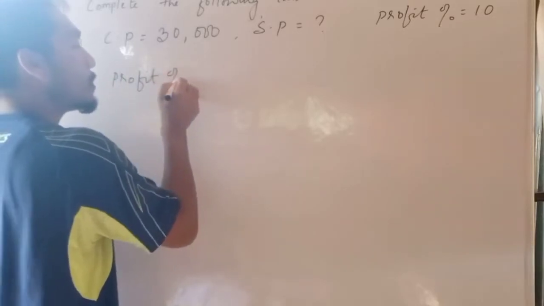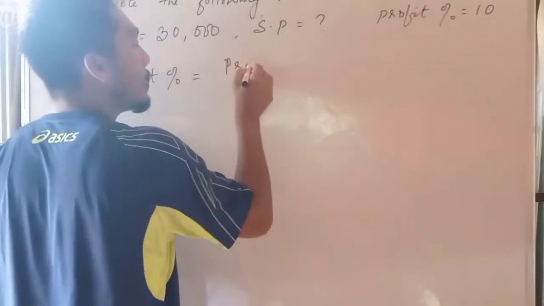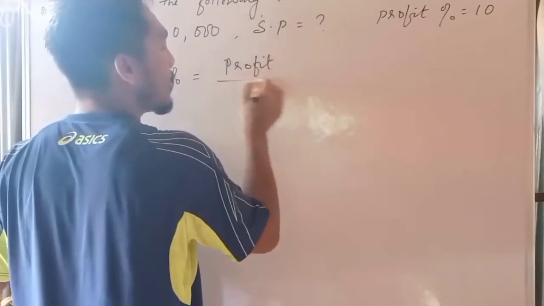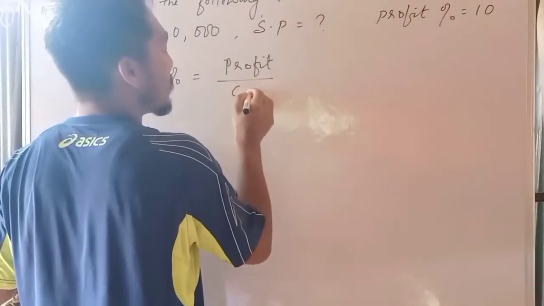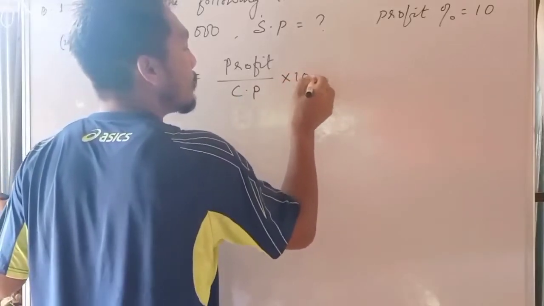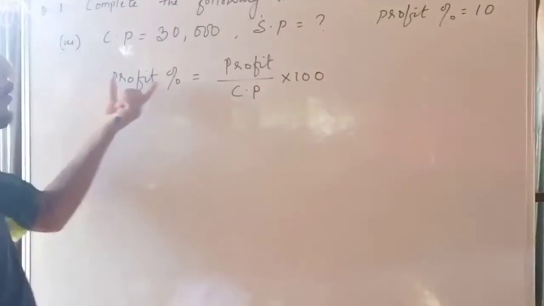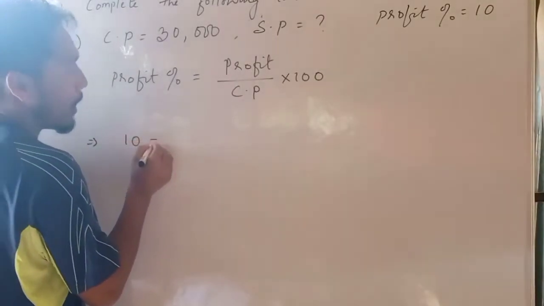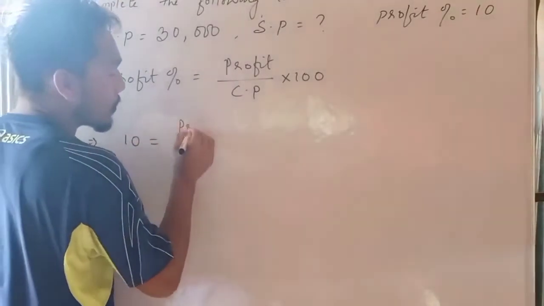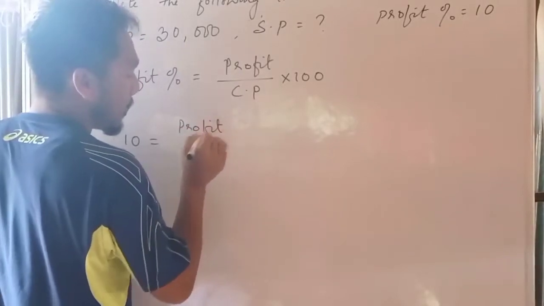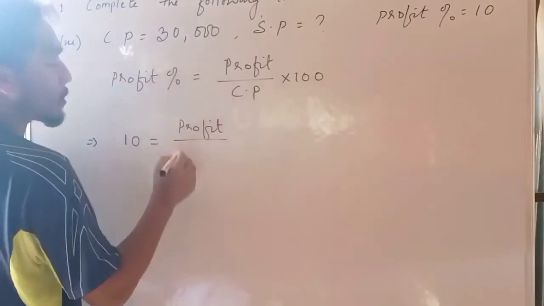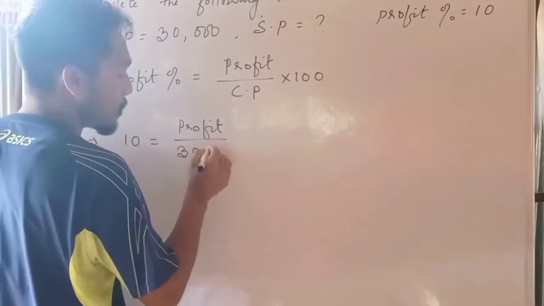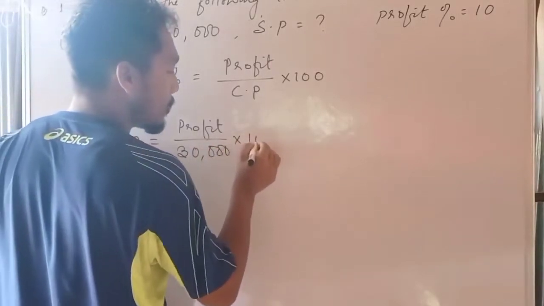We know profit percent is equal to profit divided by CP into 100. Now put the values wherever given. Profit percent is 10, profit is not given so keep it that way, and CP is 30,000, into 100.